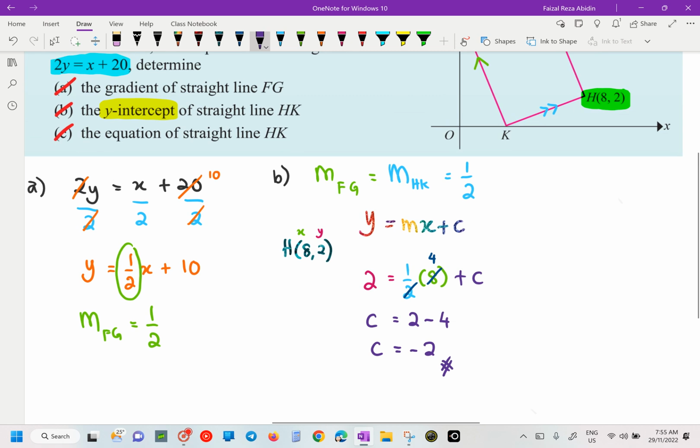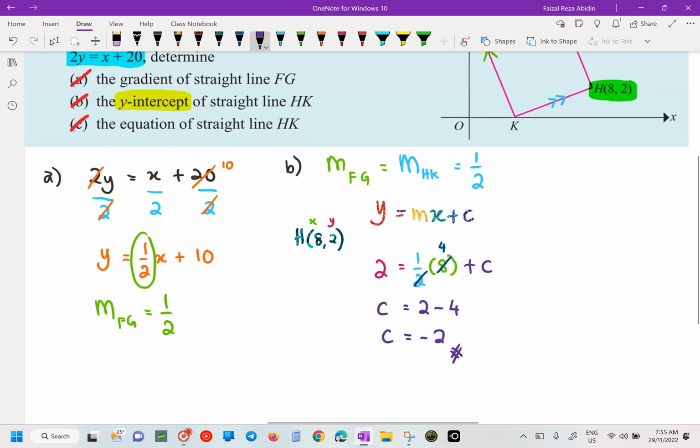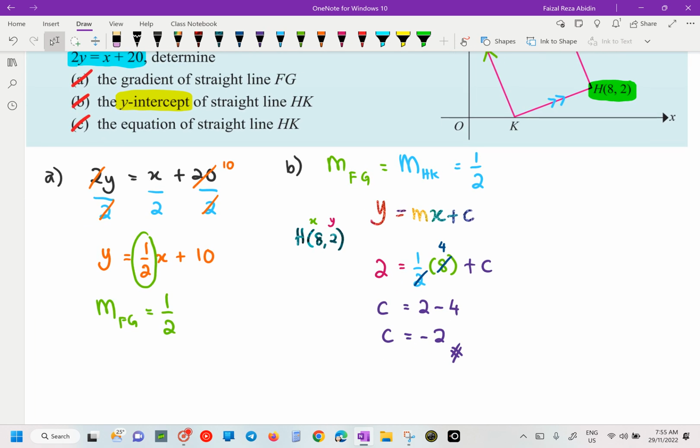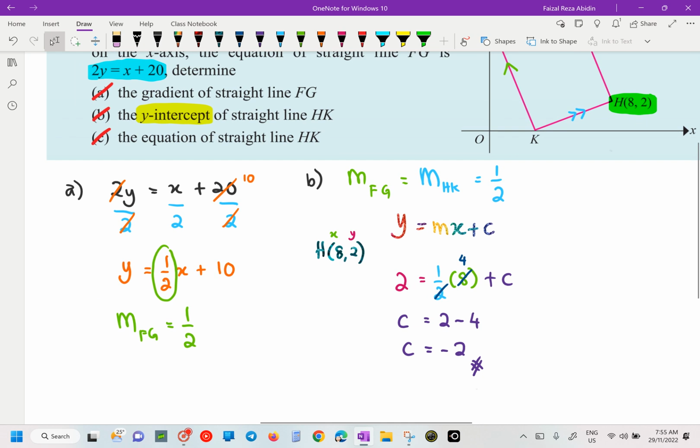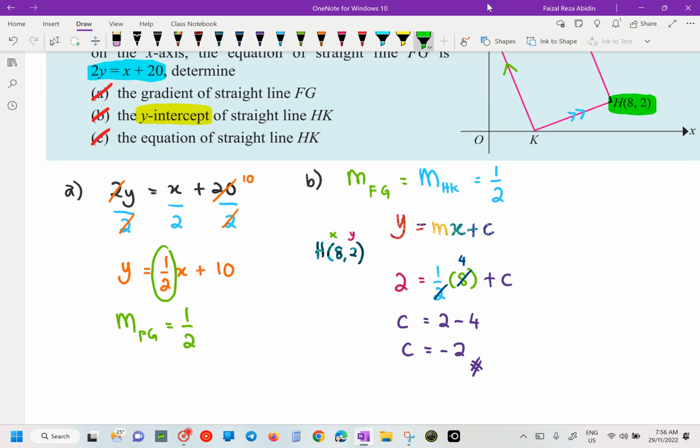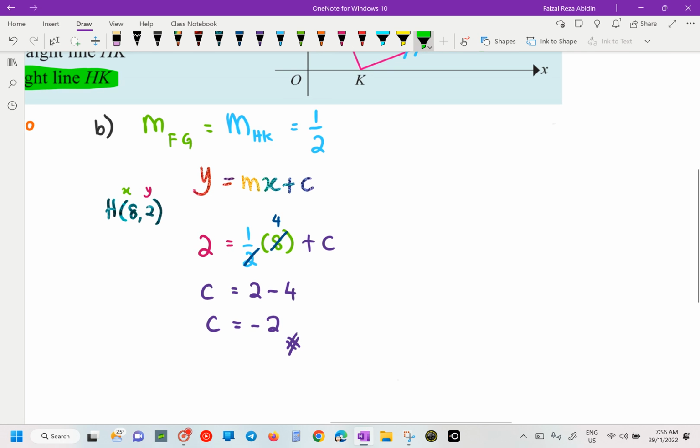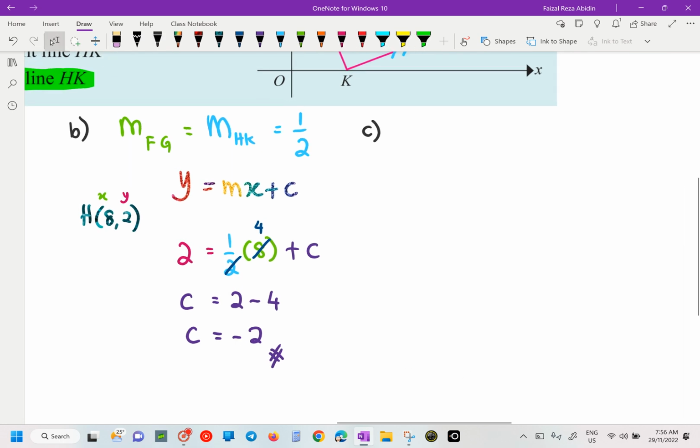Again, girls. Okay, C. The equation of straight line HK. So we have what? We have the gradient of HK. We have the y-intercept for HK.